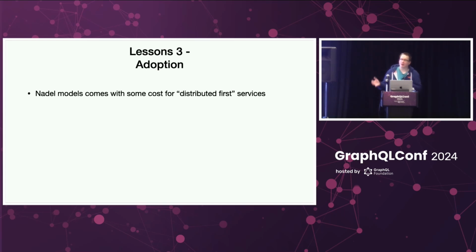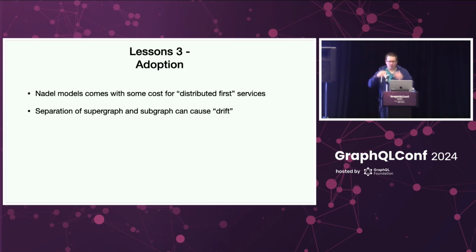You can minimize those costs with tooling, automated pull requests to the central schema, and so on. But somebody has to pay this cost somewhere. So a federation approach where you have the directives built into the subgraphs is overall, I believe, less costly for these distributed-first teams than our approach.